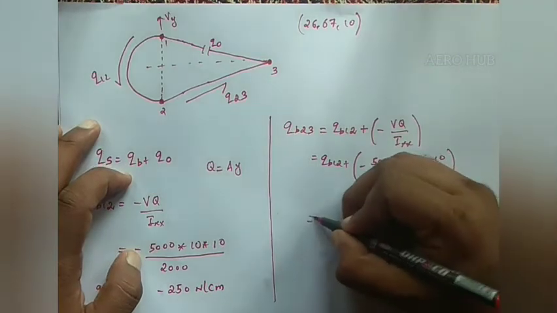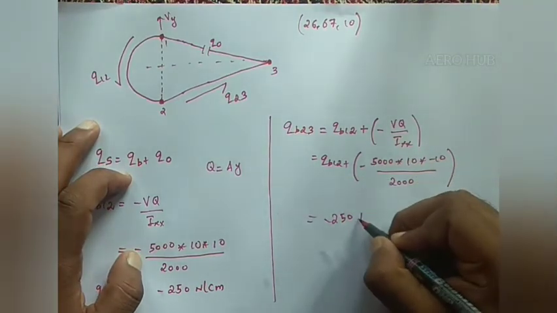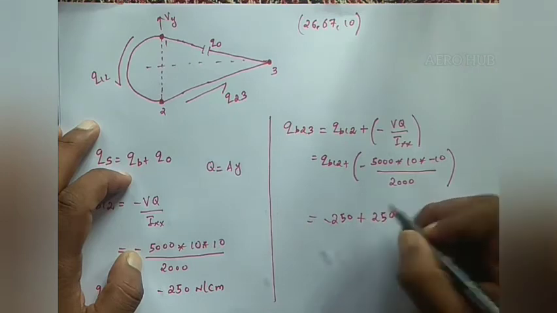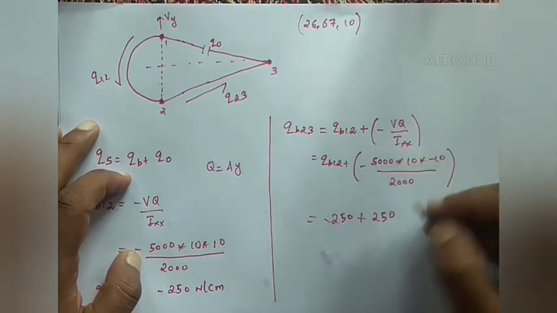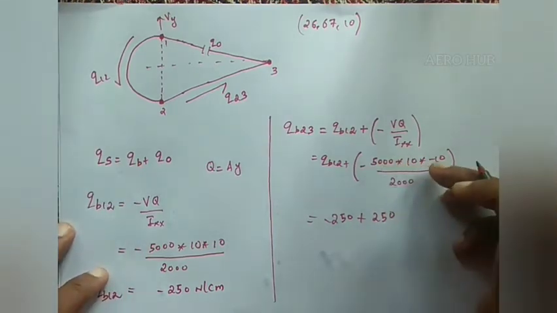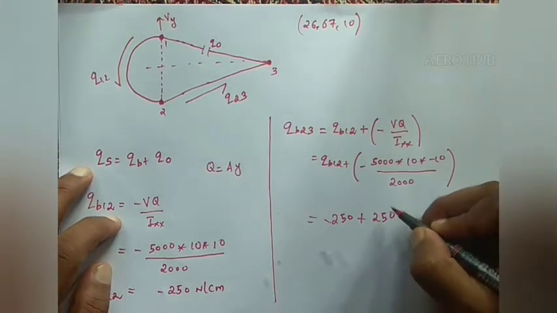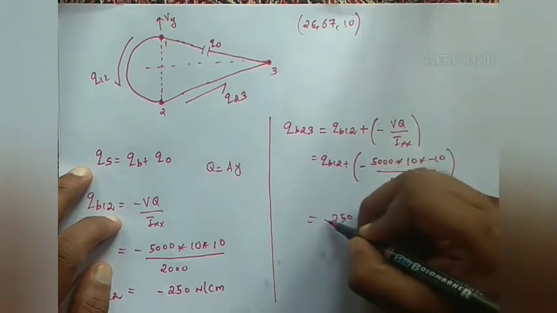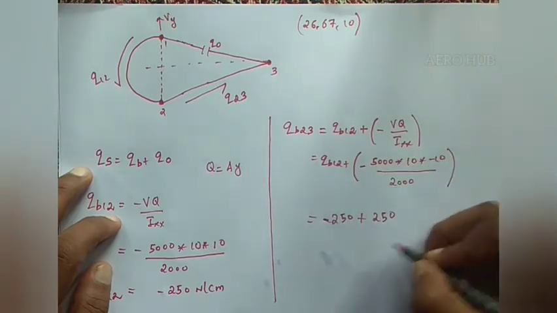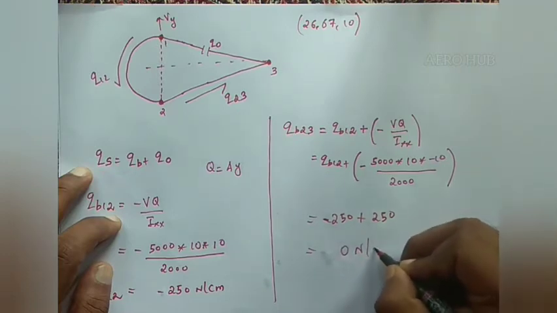So I will be getting minus 250 for qb12 plus 250 for qb23. For this portion it will be plus 250, since minus 5000 into minus 10 divided by 2000 gives plus 250. We already have a minus 250 here, so the total value of shear flow will be 0 Newton per centimeter.